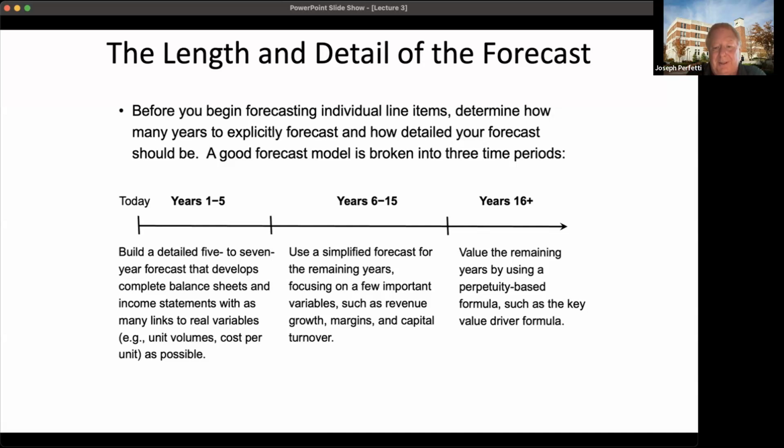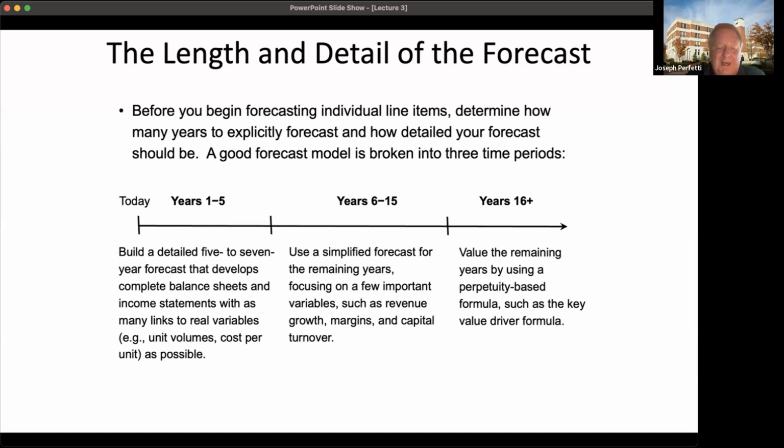When we use the continuing value formula, which is the key value driver formula, which is basically a growing perpetuity, we're going to say that 3 or 4 values represent the entire firm. So the question is, how do we know that we have a good sense of what those 3 to 4 values are? Ideally, we'd like the company to be in more of a steady state when we go into continuing value. So another way to think about how many years do you really need to forecast to go to continuing value? When do I think the company is going to be more mature and in a steady state?